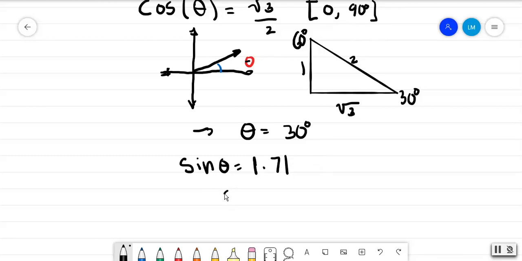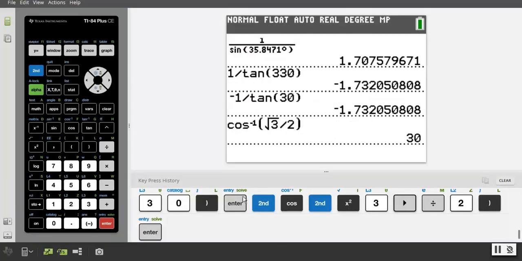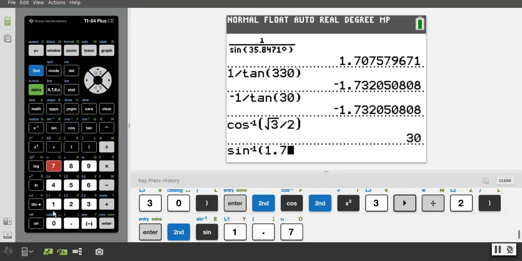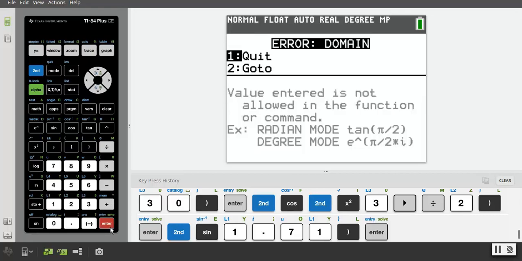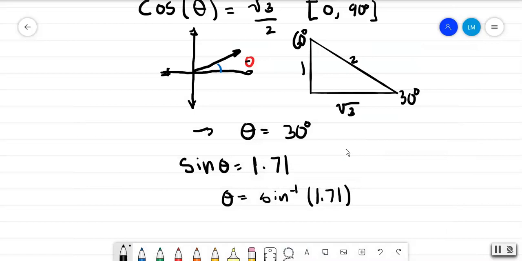In that case, you would need to do theta equals sine inverse of 1.71, and that's going to give you what you need. So you just go to sine inverse 1.71, and see how it gives you an error message because that was not possible.